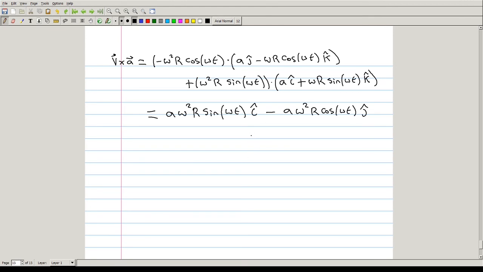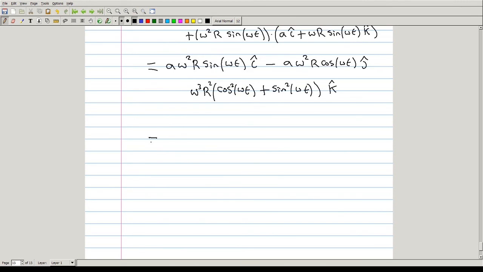So we have omega cubed times r cosine squared of omega t, plus omega squared r sine of omega t times this right here, so it'll actually be r squared sine squared of omega t times k hat.